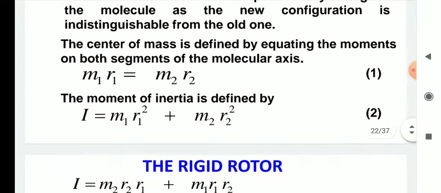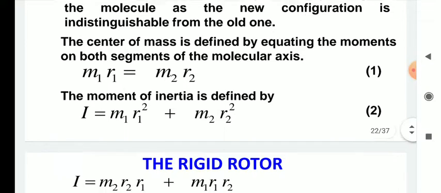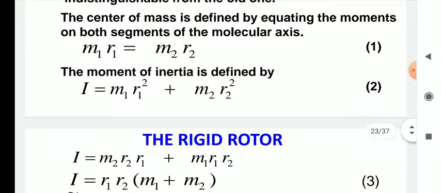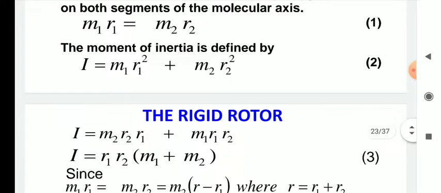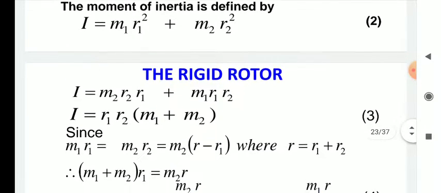m1 r1, that is the moment of the first mass about the center of mass, is equal to m2 r2, the moment of the second atom about the center of mass. The moment of inertia is given by the equation I is equal to m1 r1 square plus m2 r2 square.